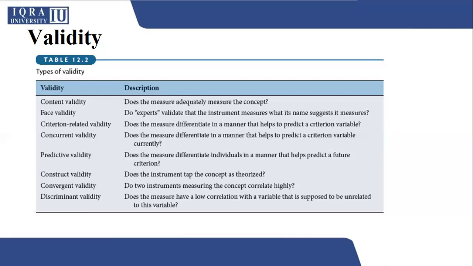Now I'll explain this with an example. If a measure of work ethic is developed and administered to a group of welfare recipients, the scale should differentiate those who are enthusiastic about accepting a job and being off welfare from those who do not want to work even when offered a job. Obviously, those with high work ethic would definitely not want to be on welfare and would be eager to accept a job as soon as possible.